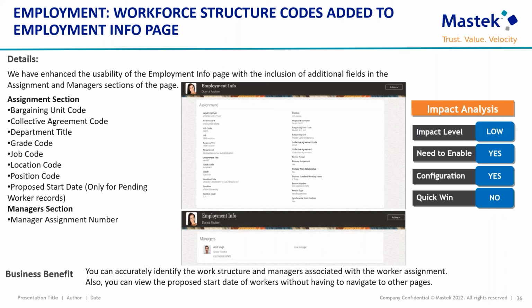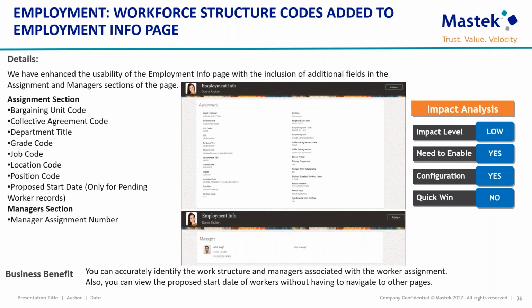Instead of that, now we can enable all these in the employment information page only. This needs a little bit of configuration and needs to be checked before releasing it. It can be enabled using HCM Experience Design Studio for the employment information section.